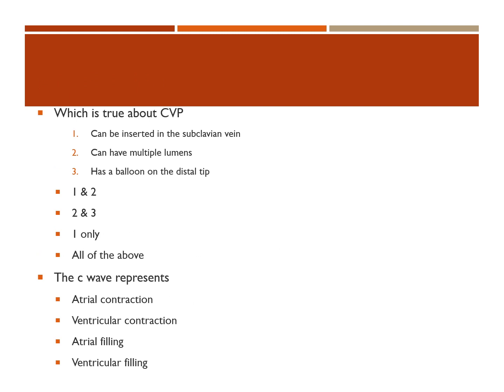Which is true about a CVP? It can be inserted into the subclavian vein. It can have multiple lumens. And it has a balloon on the distal tip. What does the C wave represent? Atrial contraction, ventricular contraction, atrial filling, ventricular filling.